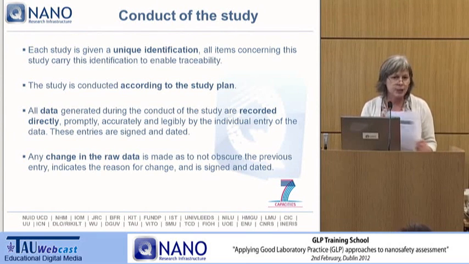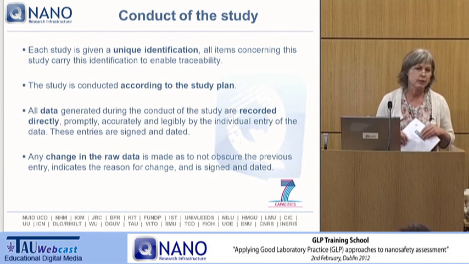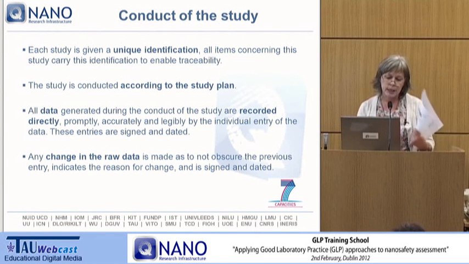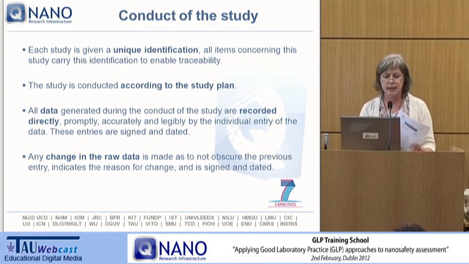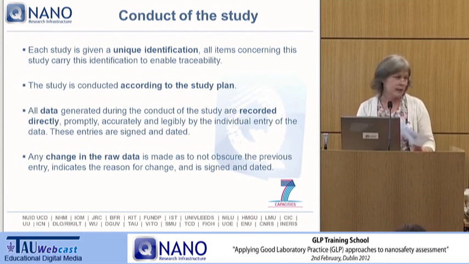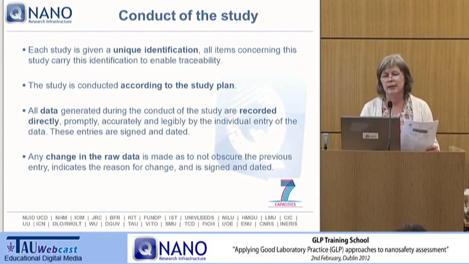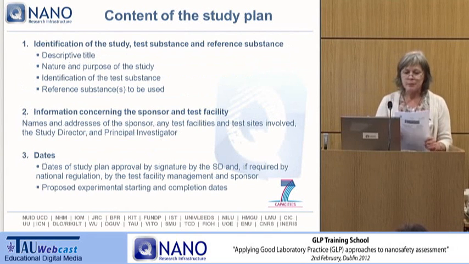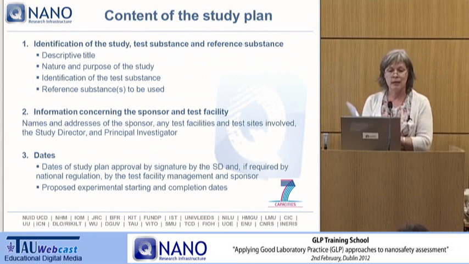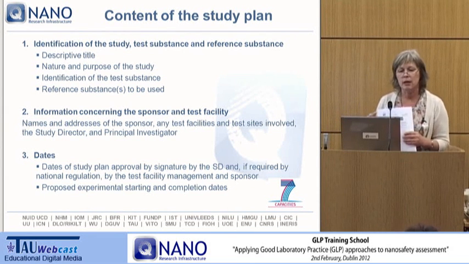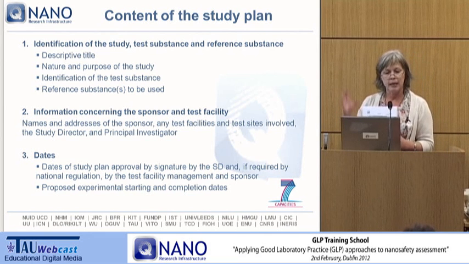Any change of data shouldn't obscure the previous entry, and all changes should be indicated, signed and dated. So there should be a clear track of what is going on, as we had in the example with dead animals. These kinds of things shouldn't happen. So these are the major points of the content of the study.